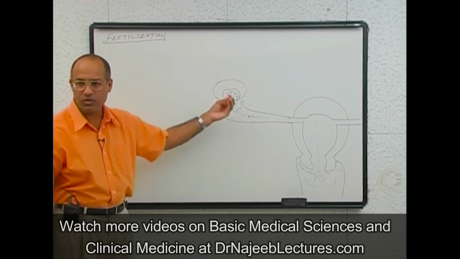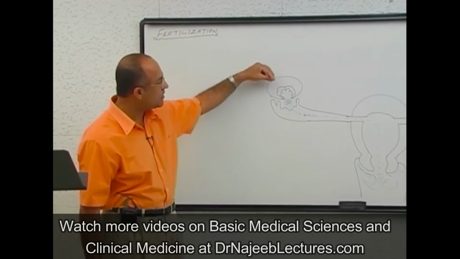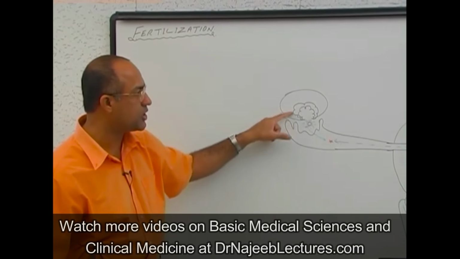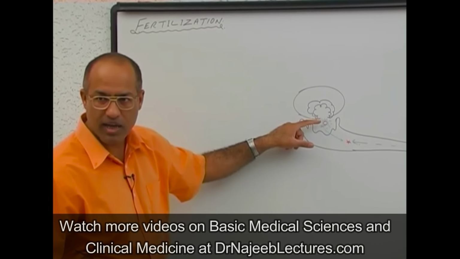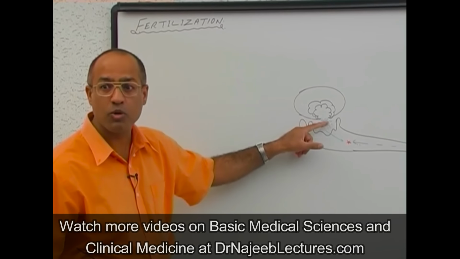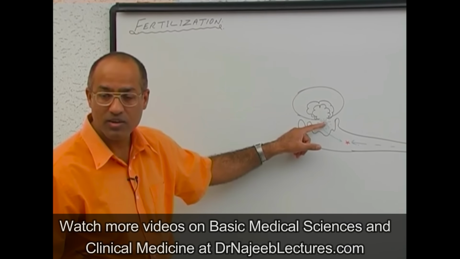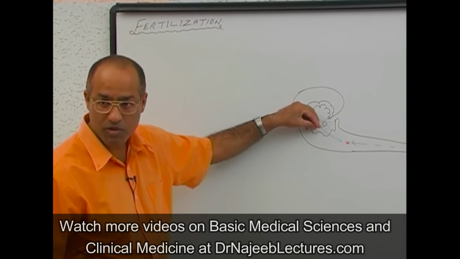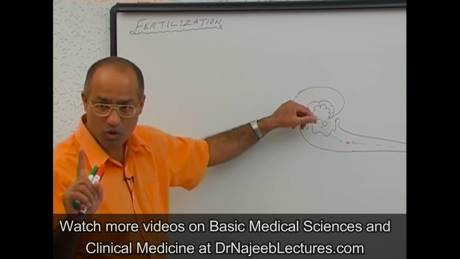First of all, at the time of ovulation, the mature Graafian follicle ruptures and the ovum, with surrounding follicular cells and some fluid, is expelled out on the surface of the ovary at the time of ovulation.